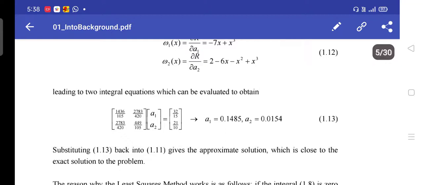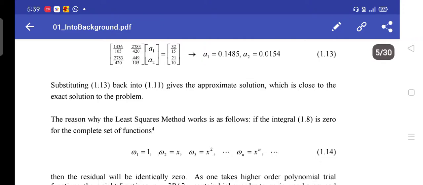In matrix form, the matrix times the vector a1, a2, the displacement, equals the force vector, 32/15, 21/10, from which we can calculate the value of a1 is equal to 0.1485 and a2 is equal to 0.0154. This gives an approximate solution which is close to the exact solution to the problem. The reason why the least square method works is as follows.